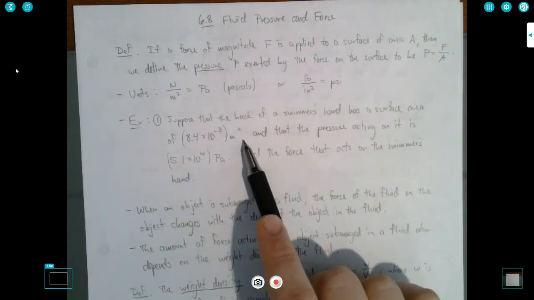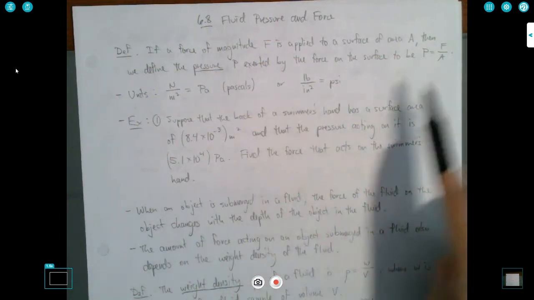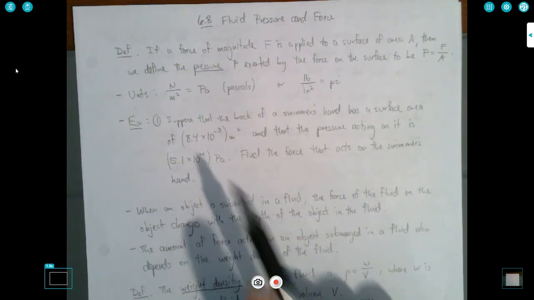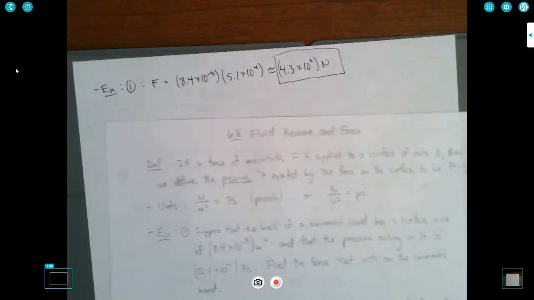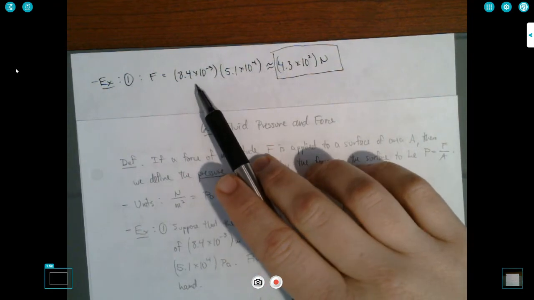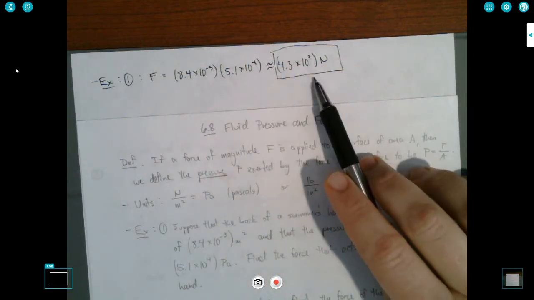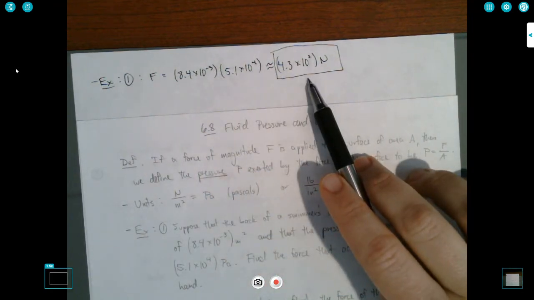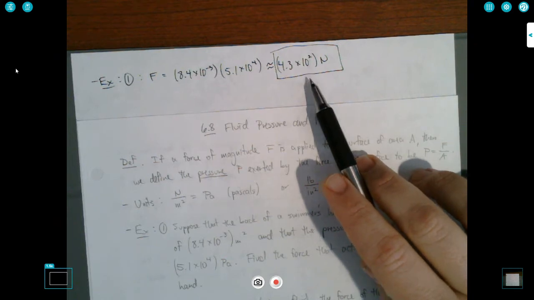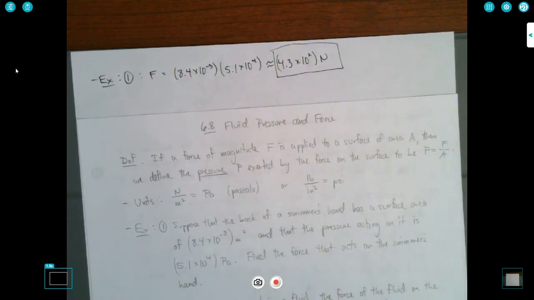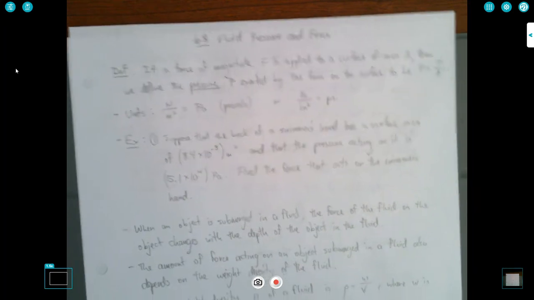Here we're given the area, here we're given the pressure, so the force is just going to be this times that. I wrote this out beforehand, but the force is just the area times the pressure, and that gives us a force of 4.3 times 10 squared newtons. Okay, so that's that idea.